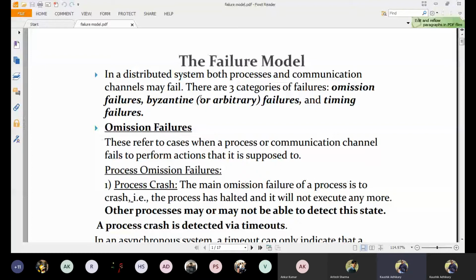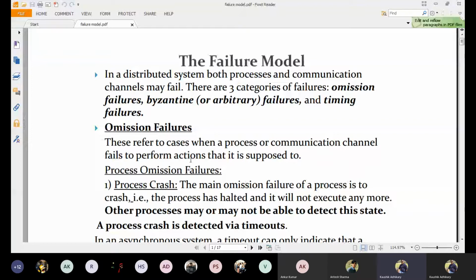There are three categories of failures: omission failure, arbitrary failure, and timing failure. Omission failure refers to cases where a process or communication channel fails to perform an action that it is supposed to do.